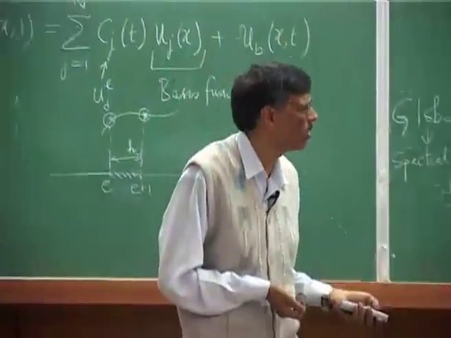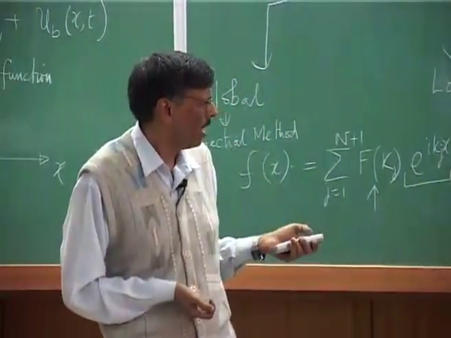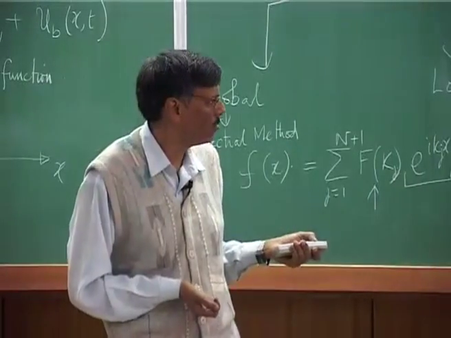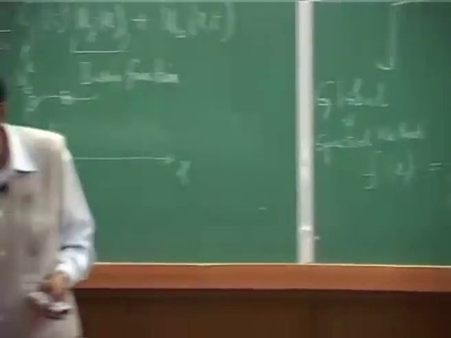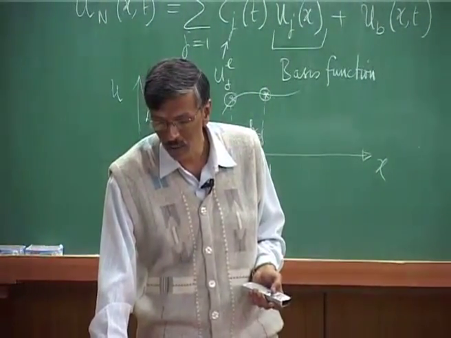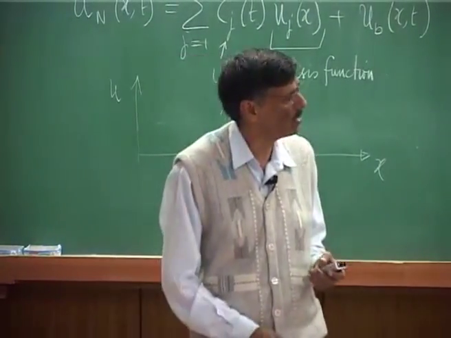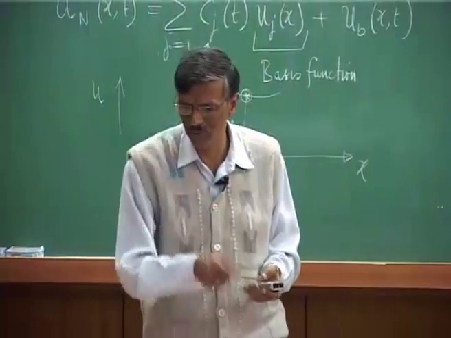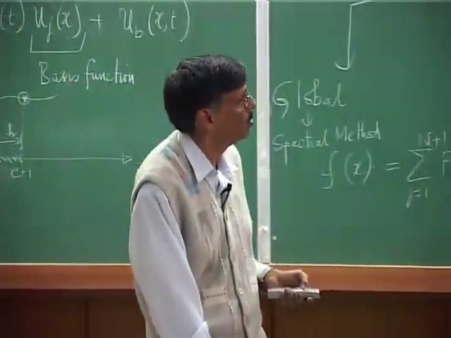That is what we are talking about. Uj of x, or what we talked about is phi j of E of x. We do take them as algebraic polynomials, and based on their order we can identify additional node points in defining this phi j of E. Well, this may seem a little abstract now, but when we pick up specific examples, we will be able to understand.